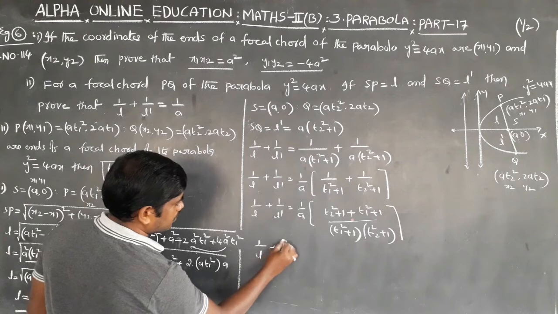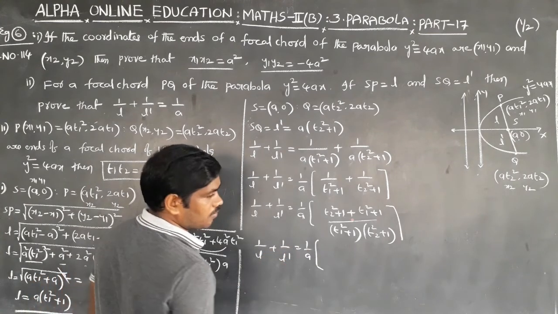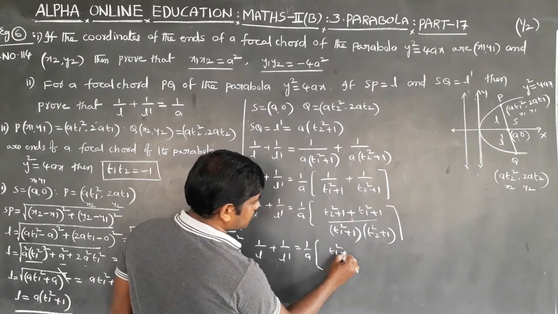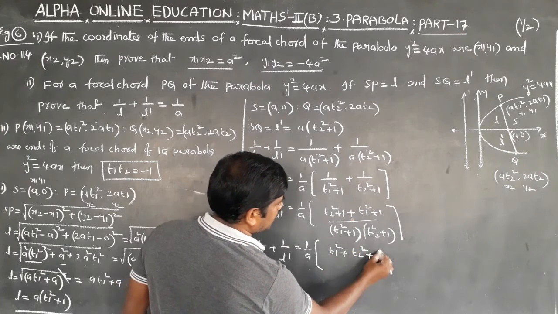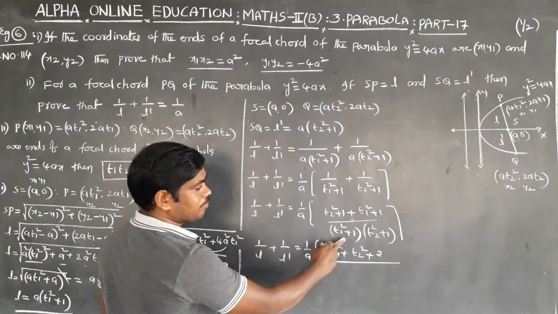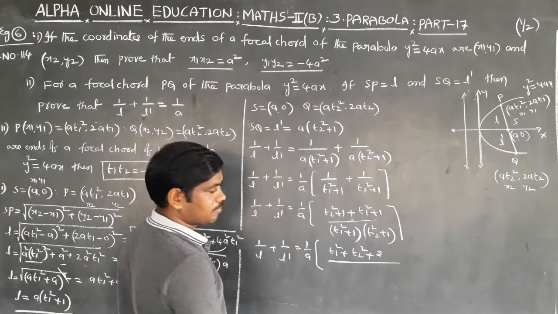1 by L plus 1 by L dash is equal to 1 by a into, write down orderly, (t1 square plus t2 square plus 1 plus 1, that is 2) divided by the product (t1 square plus 1) into (t2 square plus 1).